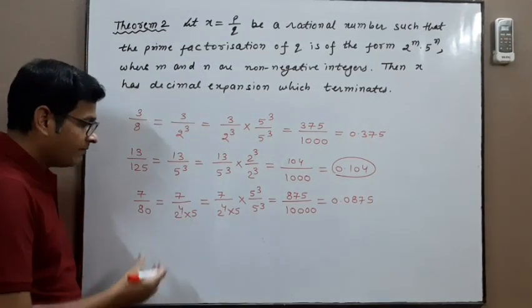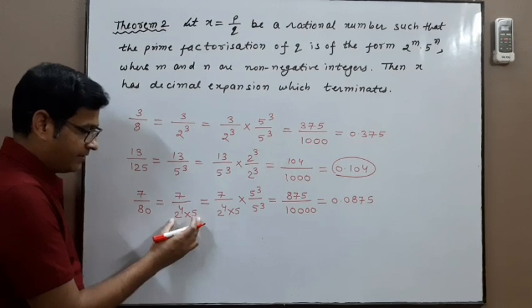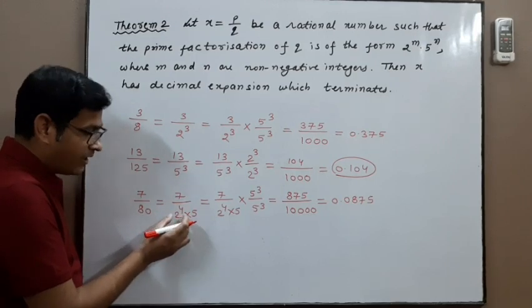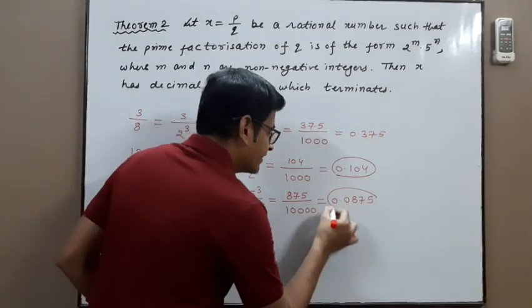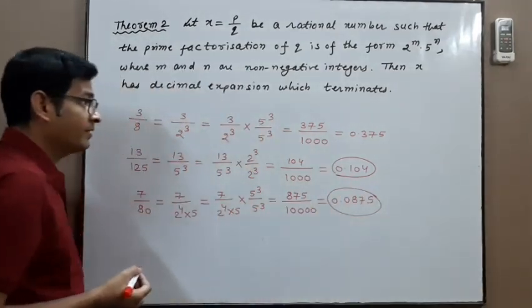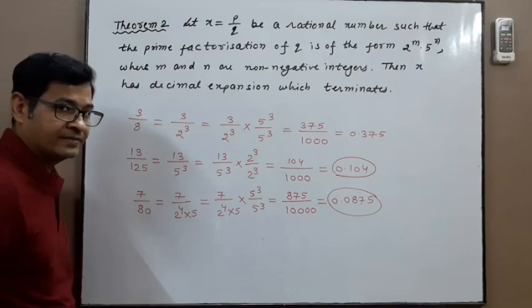Again, the prime factorization of the denominator is a power of 2 and 5, both 2 and 5. Then the decimal expansion 0.0875 terminates.